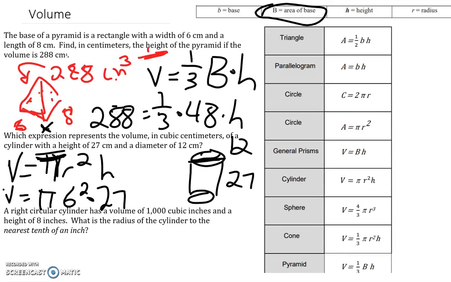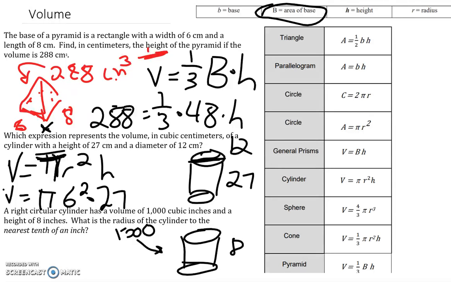A right circular cylinder has a volume of 1,000 cubic inches and a height of 8 inches. What is the radius? So I'm going to work with the same volume formula. And if I draw my cylinder, I know it's got a height of 8 inches. I know the total volume is 1,000.